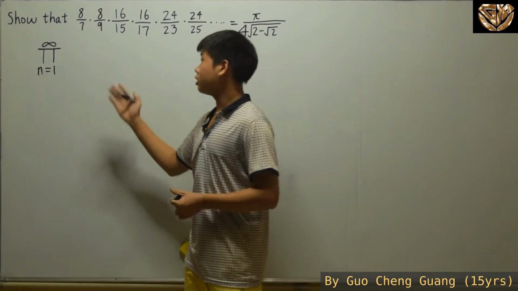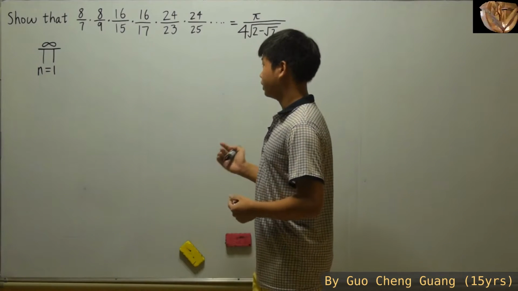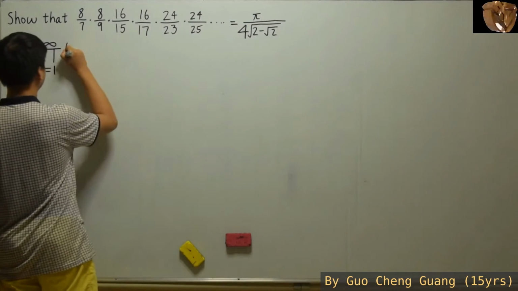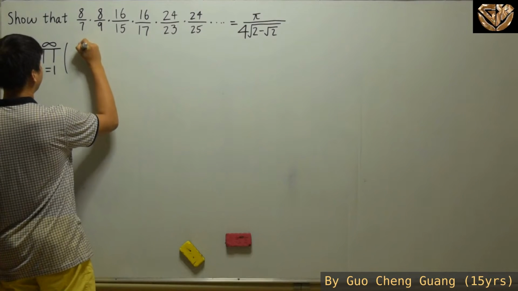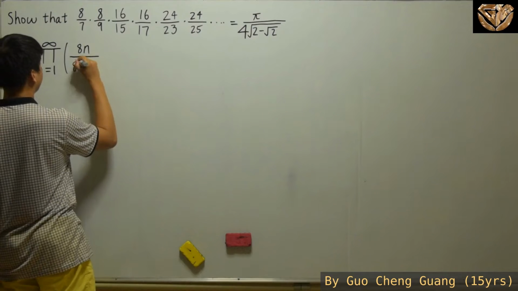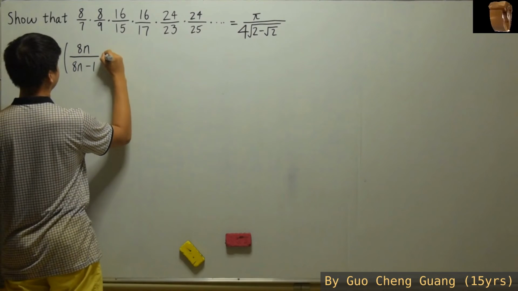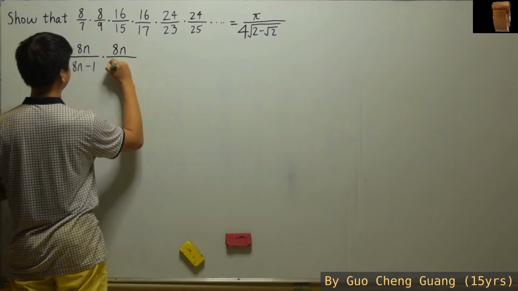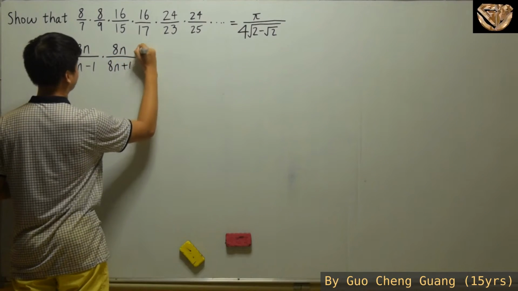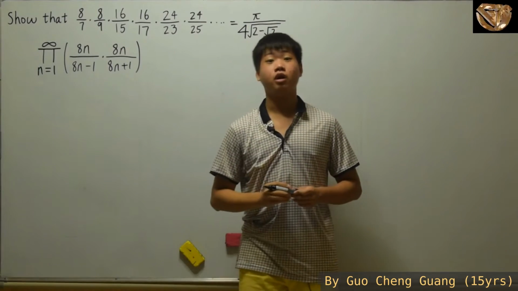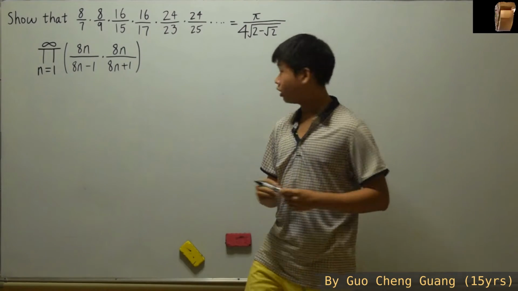Now that we know the pi notation, expressing this, we have here 8n divided by 8n minus 1 multiplied by 8n divided by 8n plus 1. This will be the form you will see.